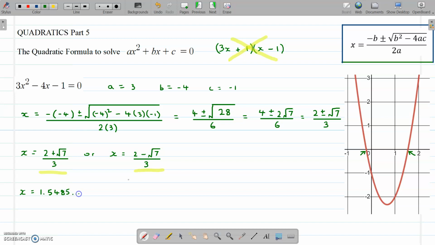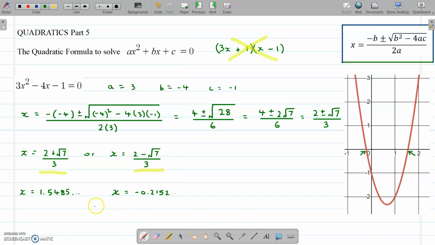And the other one is x equals minus 0.215, and then it goes on. So you could round those to 3 significant figures or whatever it asked for.